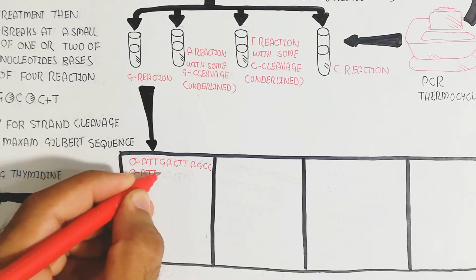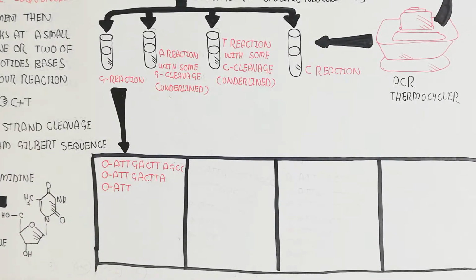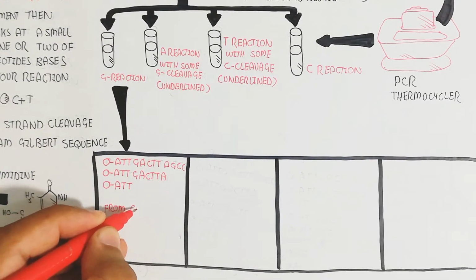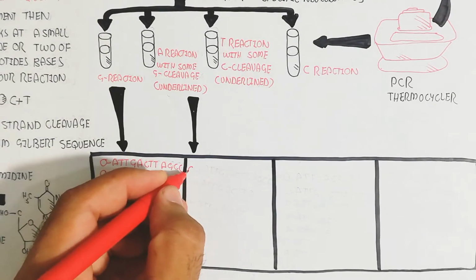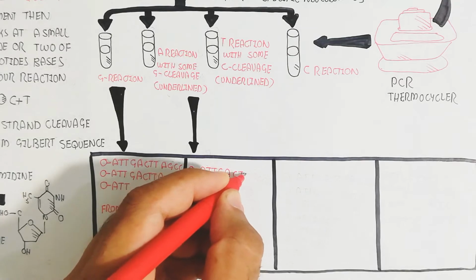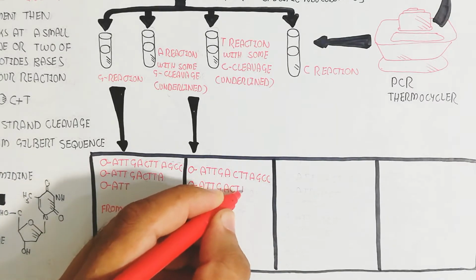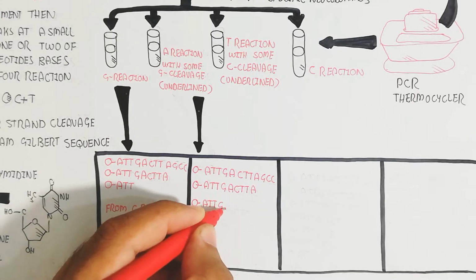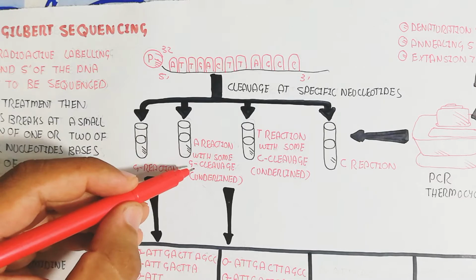Here you can see the segment ATTGACTAGCC, with cleavage at the G sites. Remember, from the G reaction we get different segments. Here is also a different segment due to the A reaction and G cleavage, some G cleavage as you can see.